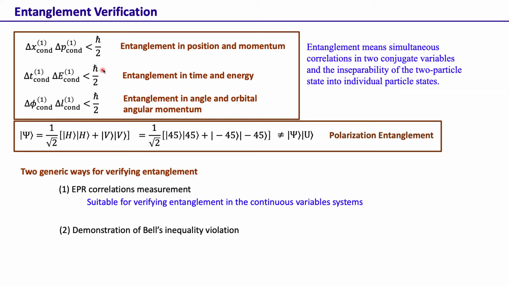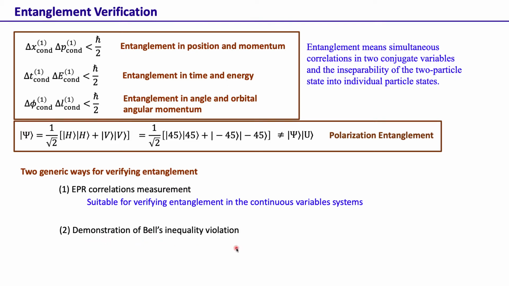That means if you do the experiment and find that delta x conditional times delta p conditional is less than h bar by 2, then we can say that yes, the two particle state does have entanglement in position and momentum. Similarly, if we find that delta t conditional times delta E conditional is less than h bar by 2, then we can say it's entangled in time and energy.